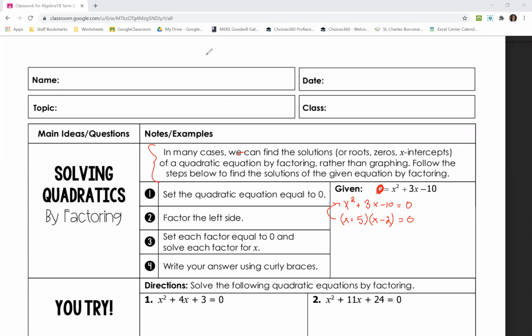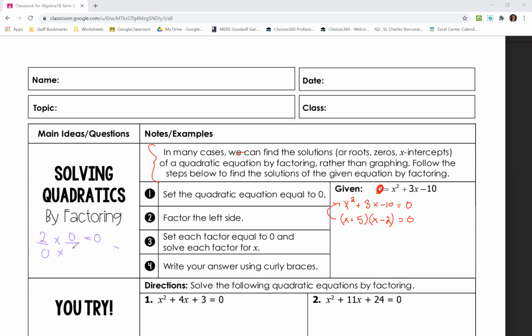If I have two things that are multiplied together to equal 0, so let's just say something times something equals 0. All right, that's kind of what we have over here. Something times something equals 0. So what do those somethings have to be? Well, think of some numbers. Okay, let's see. 2 times 0 equals 0, right?